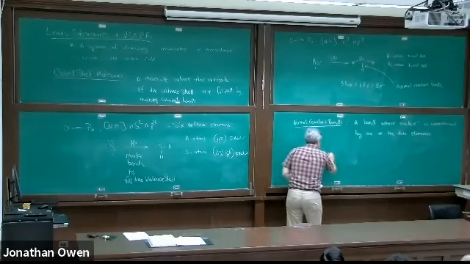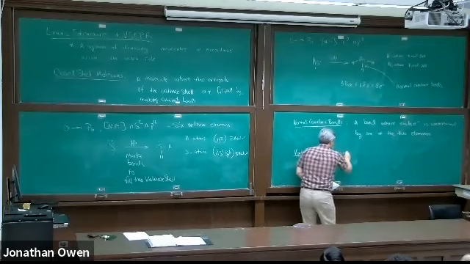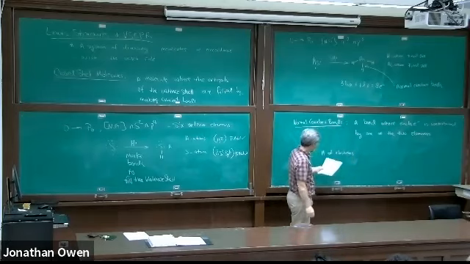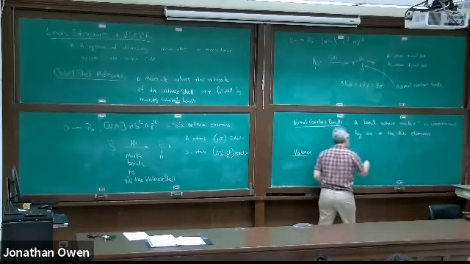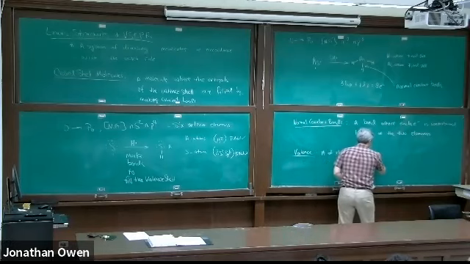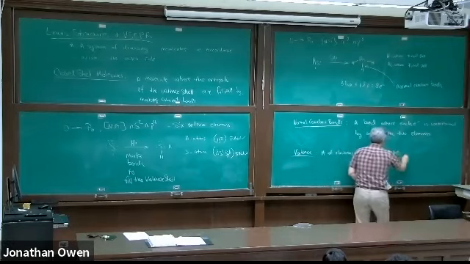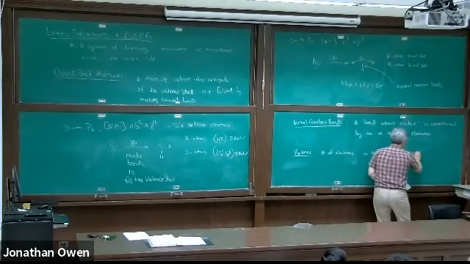Valence is the number of electrons used to make bonds. So we're going to put it as a formula here. Number of electrons in the valence shell minus the number in lone pairs.